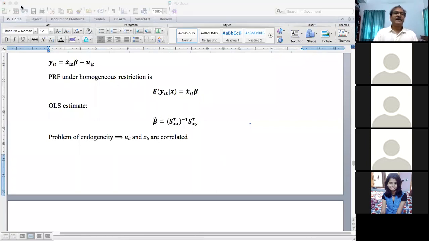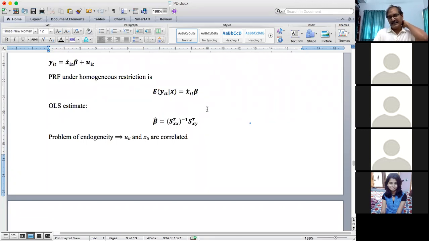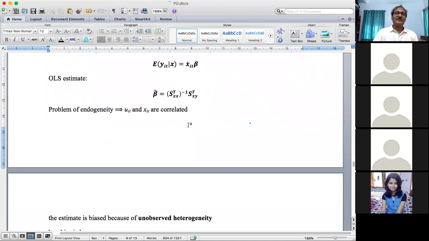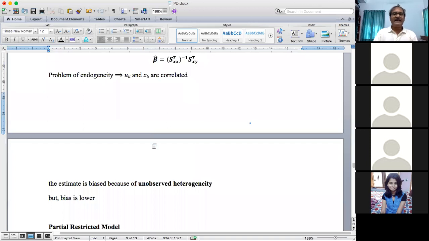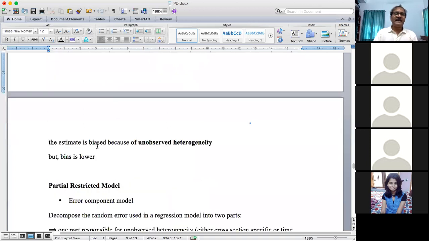Under this assumption, we can use OLS. When we use OLS, we assume that the variance of the random error is constant, that is, the cross-section units in your sample are homogeneous. And if they are homogeneous, there is no scope of correlation between X and U. In this case, theoretically, we get an unbiased estimate: the expected value of beta hat is equal to beta. This kind of unbiasedness will be obtained if your sample contains no source of heterogeneity.